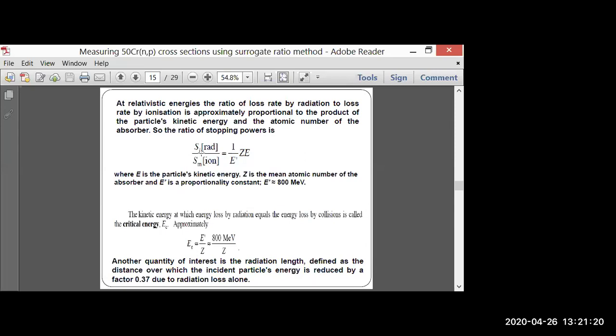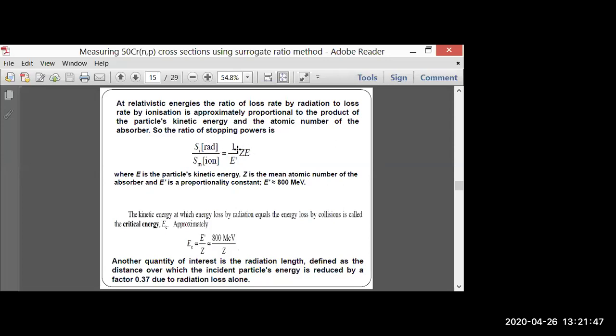So the ratio at relativistic energy between radiation stopping and ionization energy loss is equal to ZE by E dash, where E dash is a constant equal to 800 MeV, Z is the atomic number of that material, and E is the incident energy of the incident alpha particles or any kind of charged particle you are using. So that ratio tells you about the relative importance of the two processes.